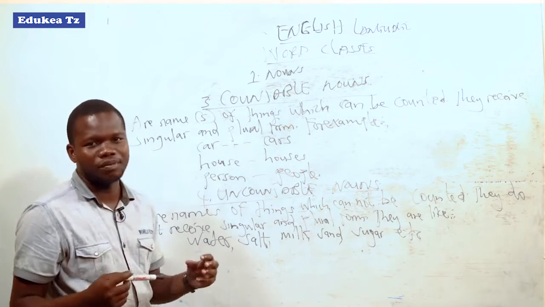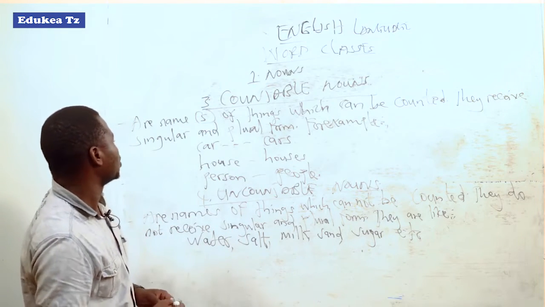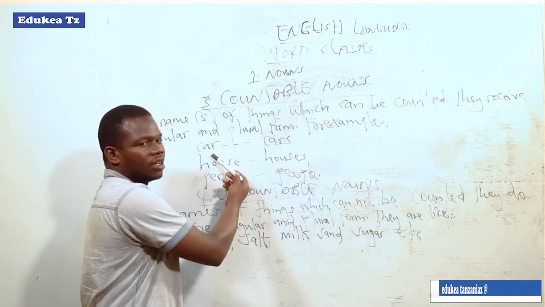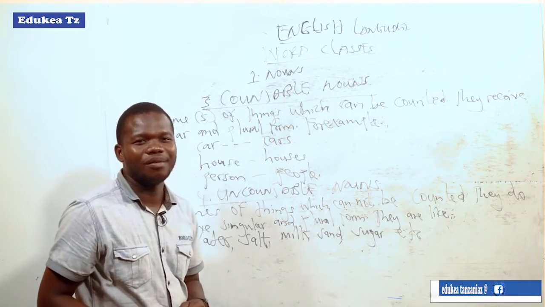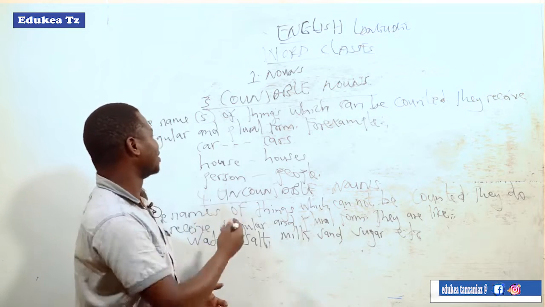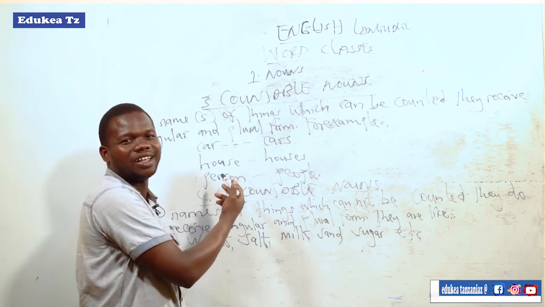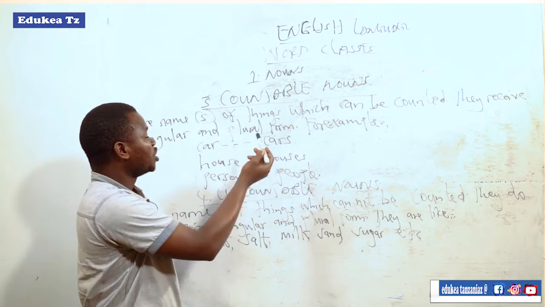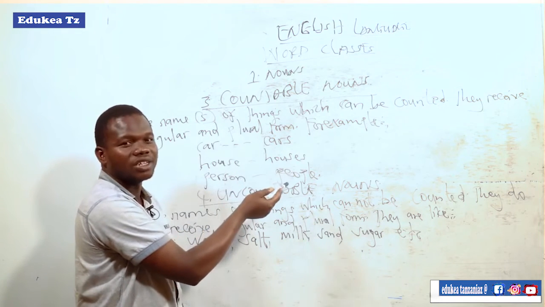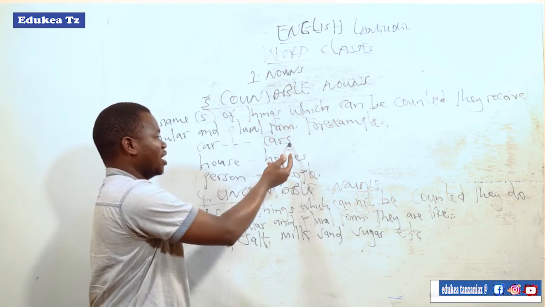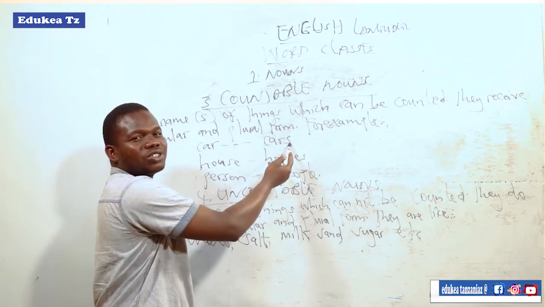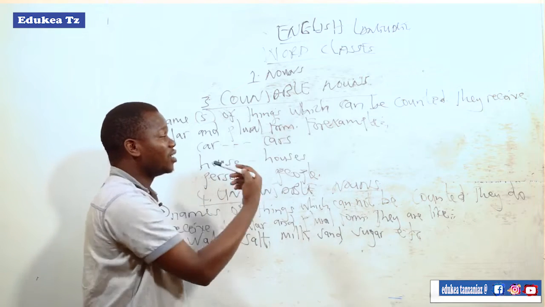Let us see examples of those nouns. We have the word car. Once we say car, it is one, it is singular. When we want to change it into plural, we add s to show that it is now a plural form.